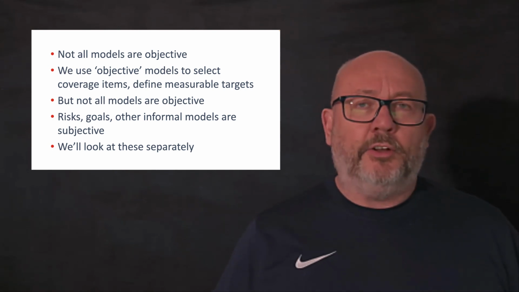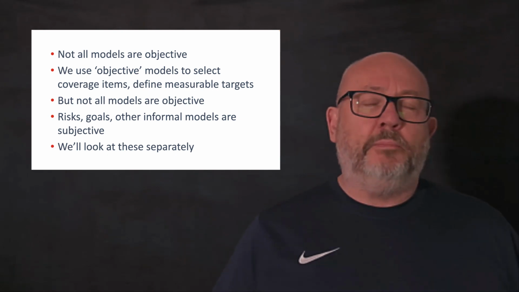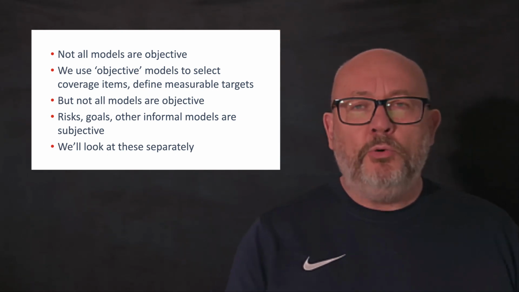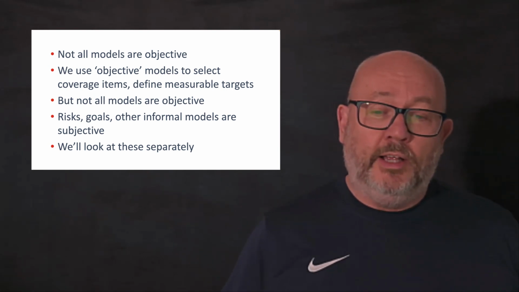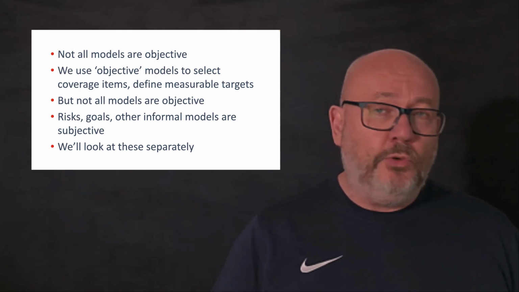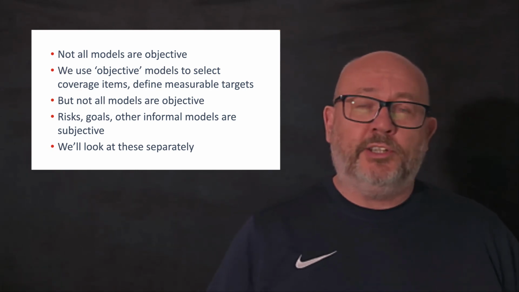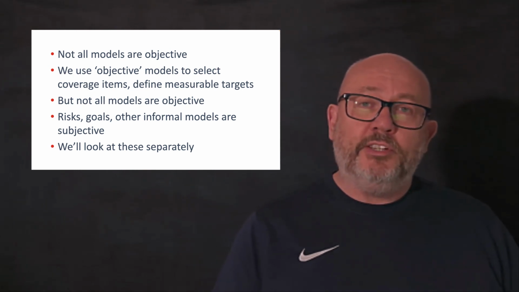But I have to say that not all models are objective in that way. For example, suppose we make a list of modes of failure, that is, the risks of failure that are appropriate for the system under test. Now, we can always think of new ways that the system can fail, because systems can fail in an almost infinite number of ways. So our job is never done.